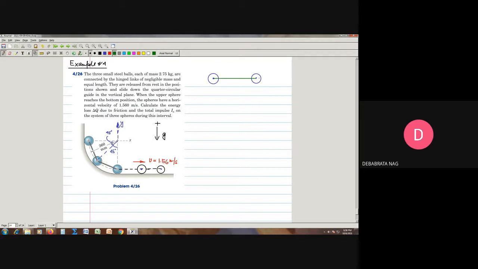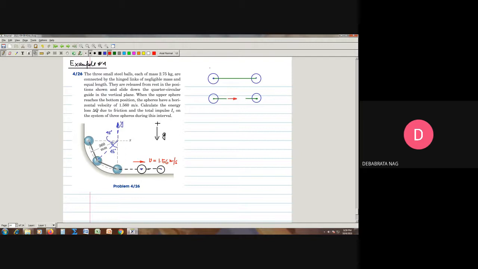If we draw the free body diagram of the individual spheres, this is the cut portion of the rod in order to expose the internal forces.